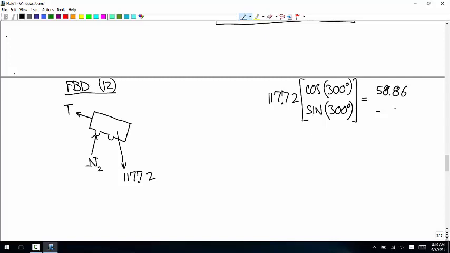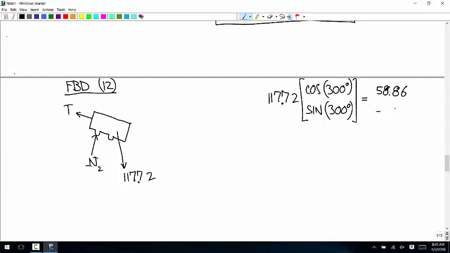Yep. So is a single cable always the same tension? Yeah, as in our class, yes. If there's a single cable that only goes over pulleys, then the tension's the same all along the cable.